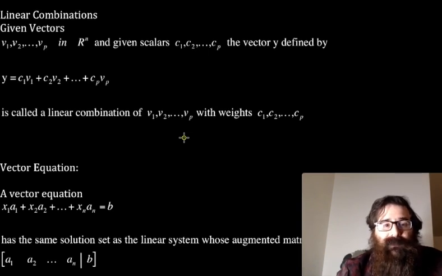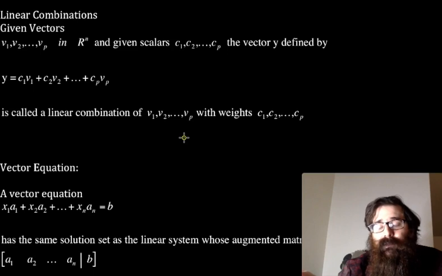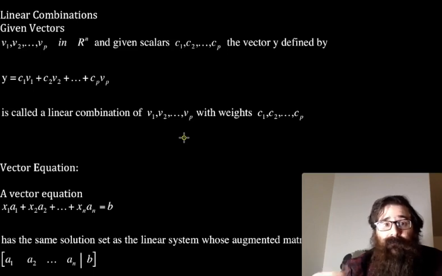Linear combinations. So given the vectors v sub 1, v sub 2, all the way to v sub p in a vector space Rn, and given the scalars, these are just real numbers, c sub 1, c sub 2, so on and so forth to c sub p, the vector y defined by, and here we have y is equal to c sub 1 times vector v sub 1, plus c sub 2 times vector v sub 2, plus c sub 3 times vector v sub 3, plus so on and so forth, plus c sub p times vector v sub p.